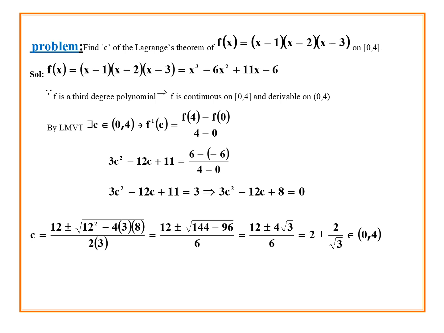So 3c square minus 12c plus 11 equals 6 minus of minus 6 by 4 minus 0. 3c square minus 12c plus 11 equals 3. That implies 3c square minus 12c plus 8 equals 0.